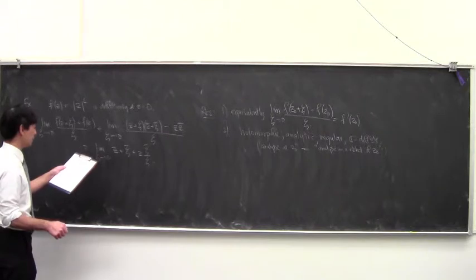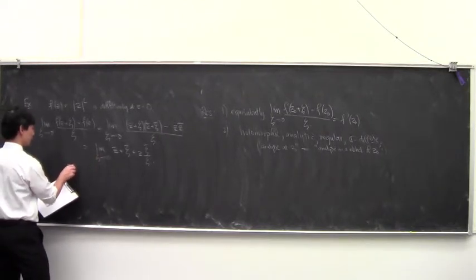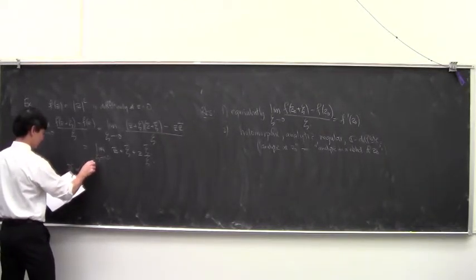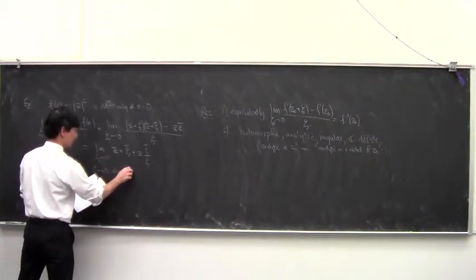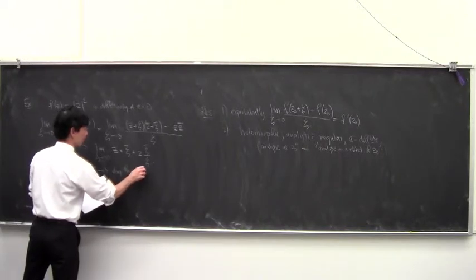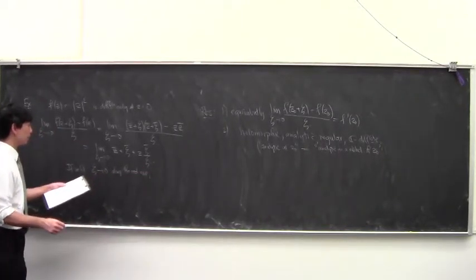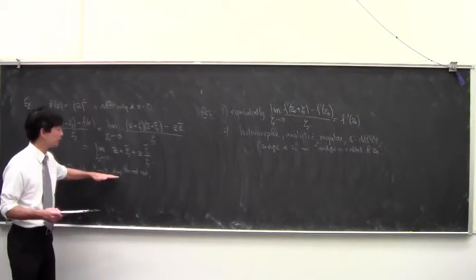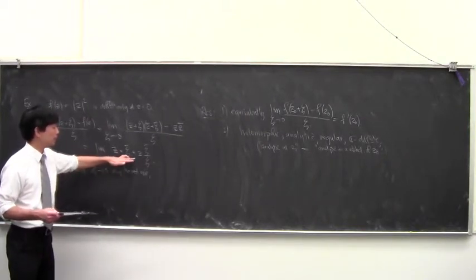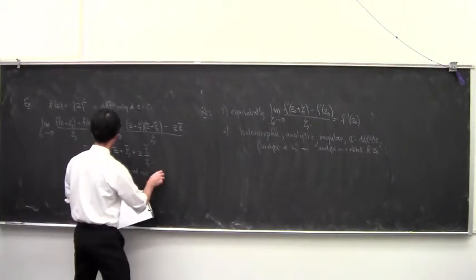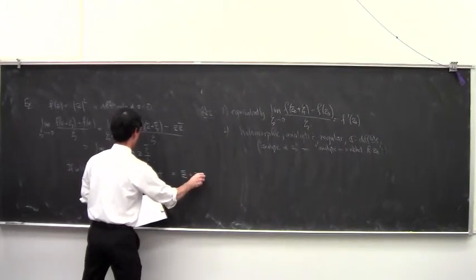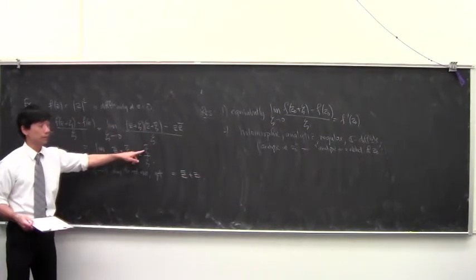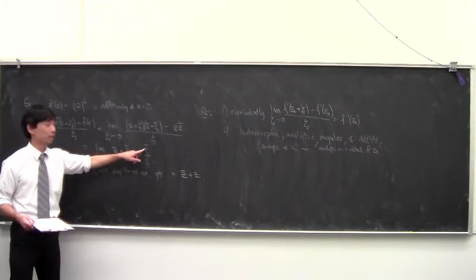You notice that if we let zeta approach 0 along the real axis, well then this limit is going to be, because zeta is real, zeta bar is the same thing as zeta.